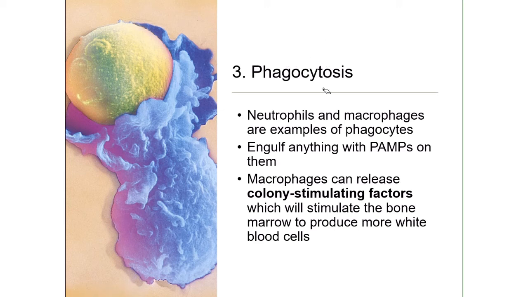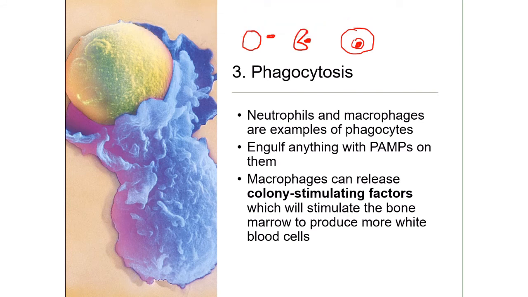Another mechanism we have is phagocytosis. You probably remember that if you have a phagocyte and there's a bacteria, the phagocyte is going to eat up the bacteria, kind of like Pac-Man. That's how you get rid of the bacteria.